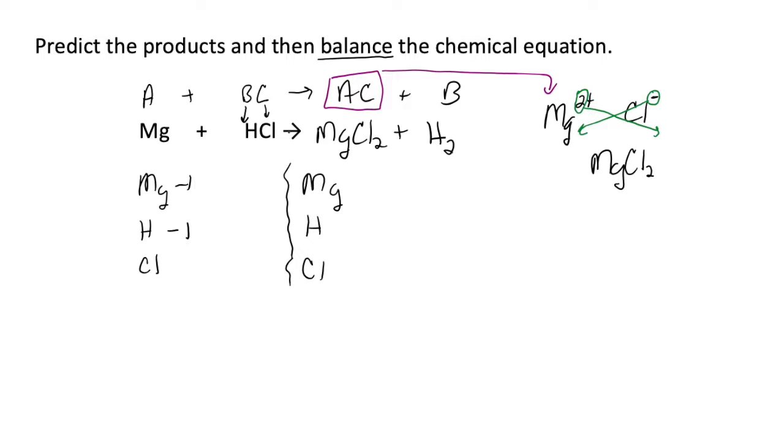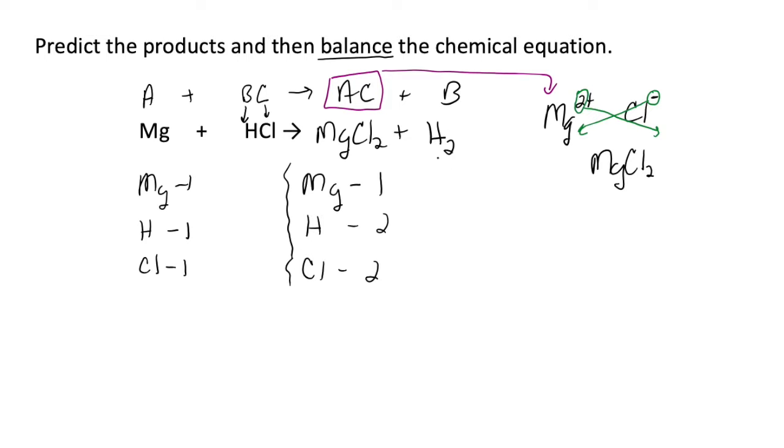I have 1 hydrogen on my reactants and 1 chlorine on my reactants. My initial count for my product side, 1 magnesium, 2 hydrogen, and 2 chlorines. Now, I've found as a trick that normally if I go ahead and balance my hydrogens first, since this is over here by itself, it tends to help with balancing everything else.